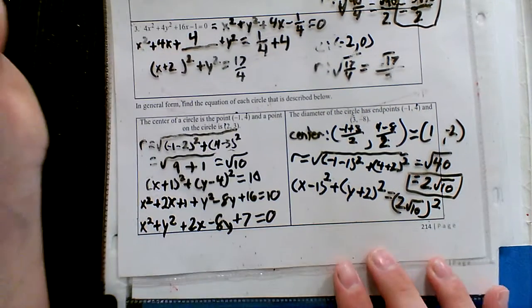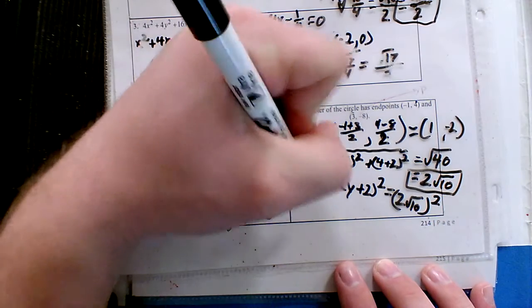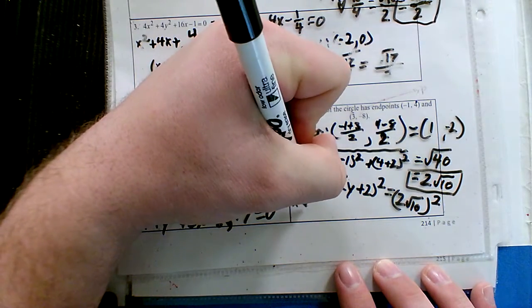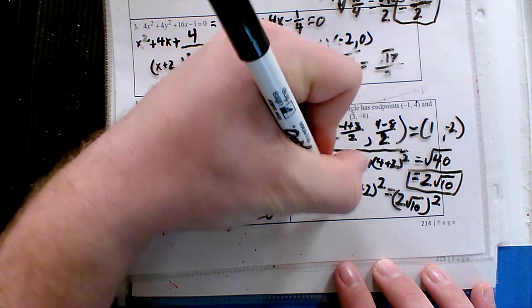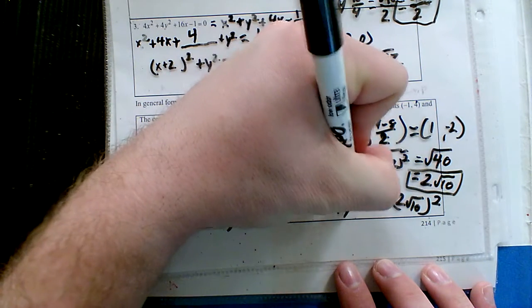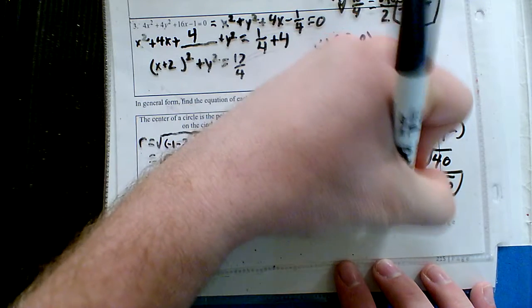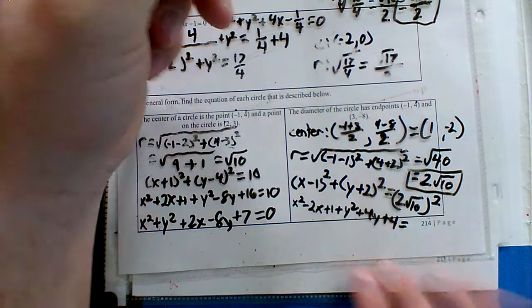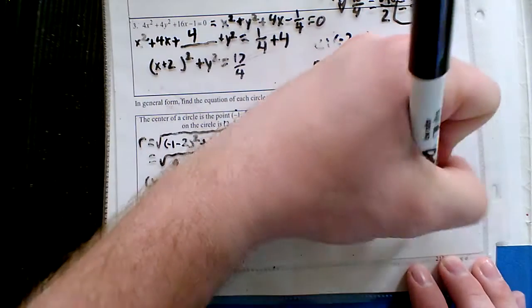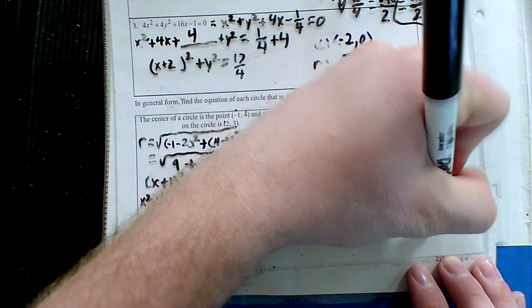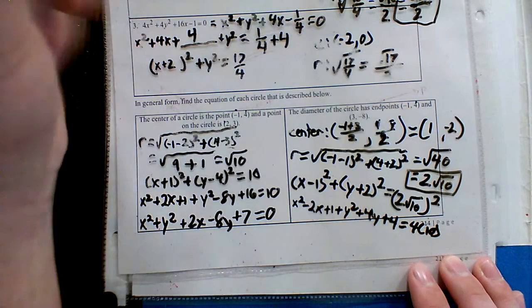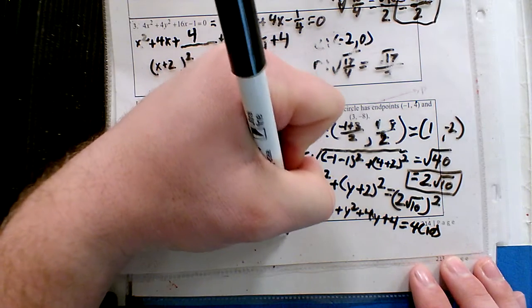Again, you have to expand and then put in the general form. So x squared minus 2x plus 1 plus y squared plus 4y plus 4 equals, when you square 2 square roots of 10, you get 4 times 10. And again, put it in the correct form.